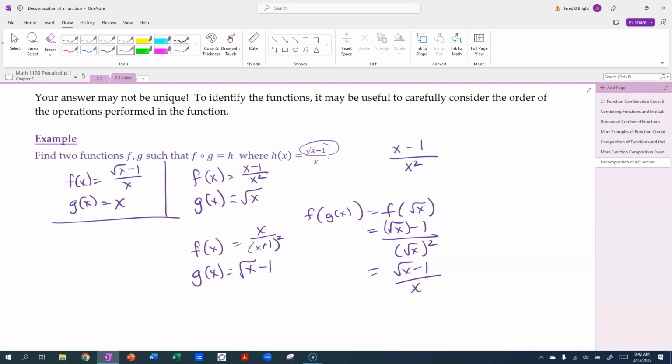I'll let you verify the arithmetic, but that one will work as well. So again, decomposition is not unique. You may need to come up with multiple, or you may need to try to find different ones. But regardless, to check that your decomposition works, always go back through and do the composition.